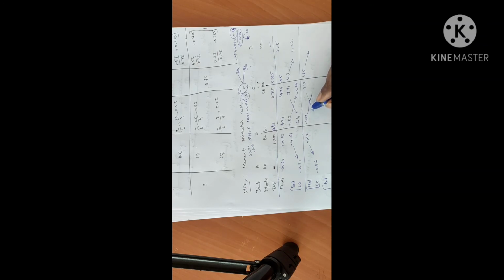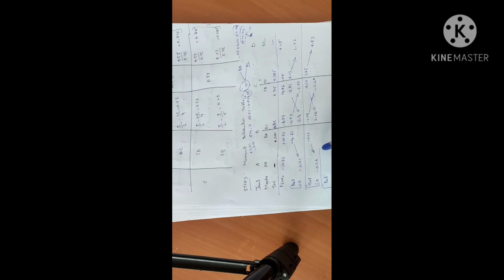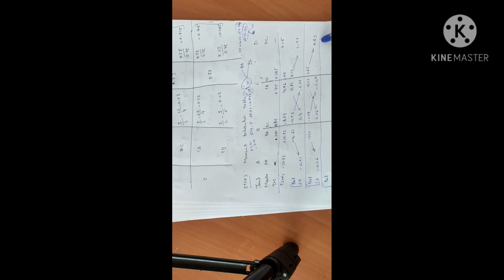Minus 2.79, when you carry over, will be minus 1.40, and minus 4.12, when you carry over, will be 2.06. 1.65, when you carry over, half of this will be 0.83. So this step, cycle 2, is over.